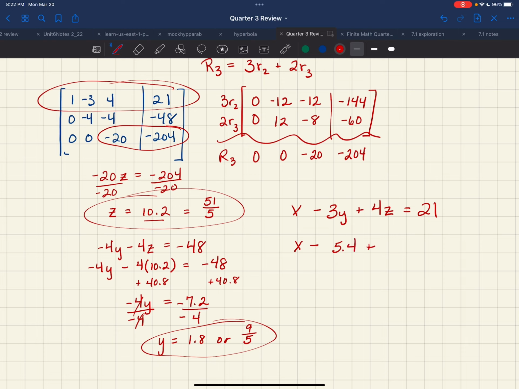And 4 times 10.2 is going to be 40.8. So 40.8 minus 5.4 is going to give me 35.4.